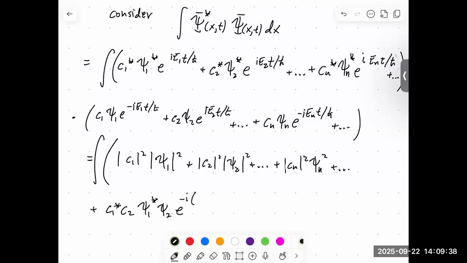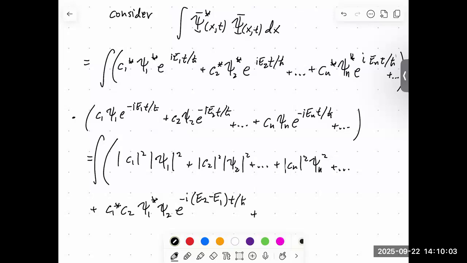So which one has a minus sign? I should have a minus sign here. So we'll get an E2. And then we have a plus E1, but I have a minus sign out here, so I'm going to write it as a minus E1, and then t over h bar.